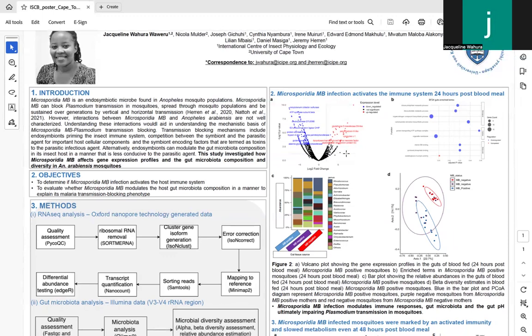In addition, we observed a proliferation of microbes with immune system activation roles, such as Serratia and Pseudomonas, and a distinct clustering in microbes, indicating that MB infected mosquitoes and negative mosquitoes had a distinct gut microbiota structure, and this could be favoring the Plasmodium transmission blocking phenotype.